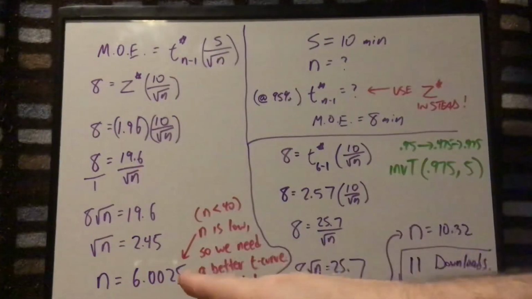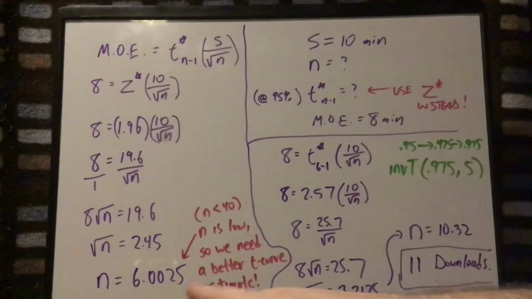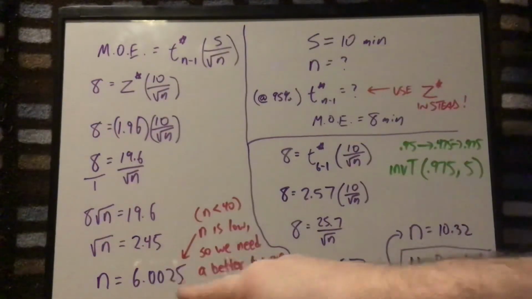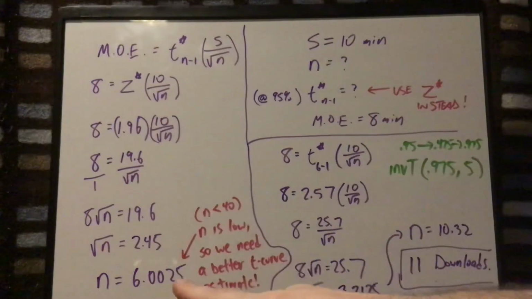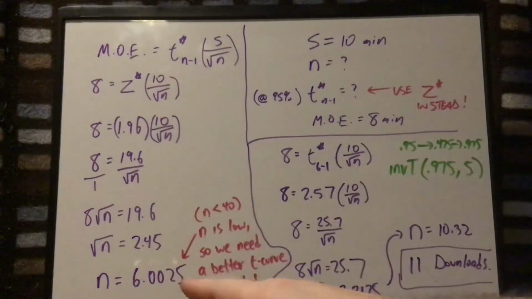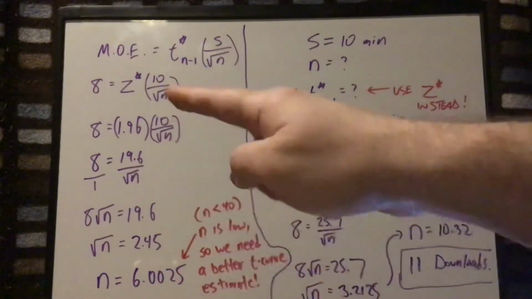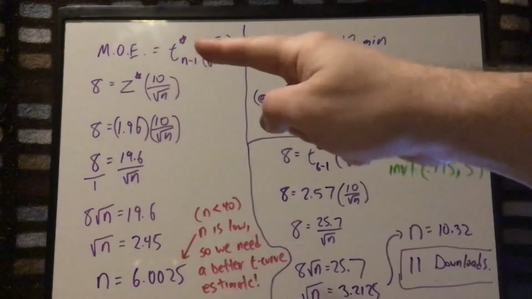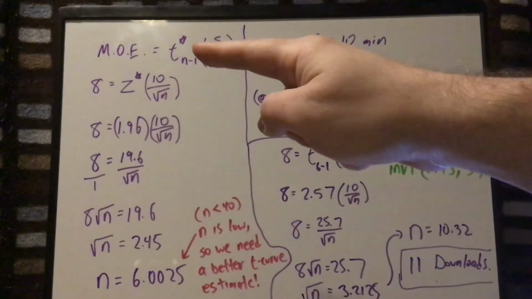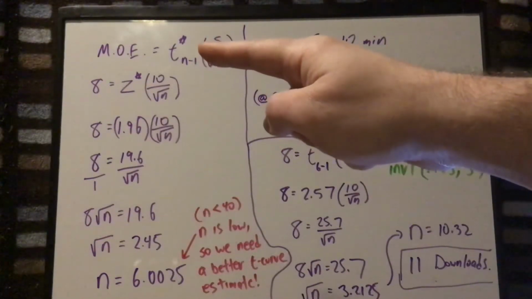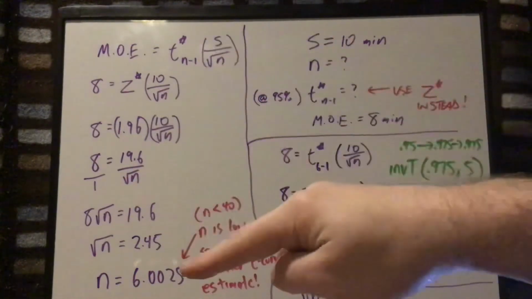So if this number had come out bigger than 40, we would just have that as our answer. So that's important, because that's not what's happening here. If this were bigger than 40, you wouldn't do any more work. You just go, okay, well, since it's such a large sample size, I use the z-score, but the t-score would have come up with something almost essentially the same, very close. So there's no reason to change this number.